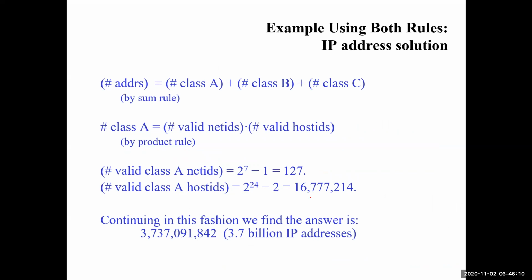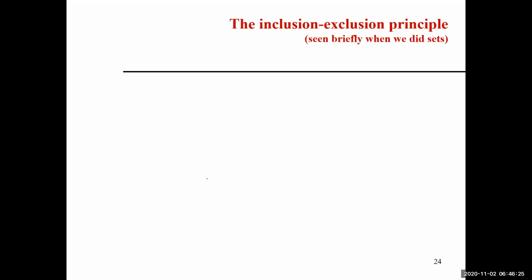So if we multiply 127 by (2 raised to 24 minus 2), we'll get the number of valid IP addresses for class A. Similarly, we have to find the number of valid IP addresses for class B and class C, and add A plus B plus C by the sum rule. Then we'll get the total number of IP addresses.